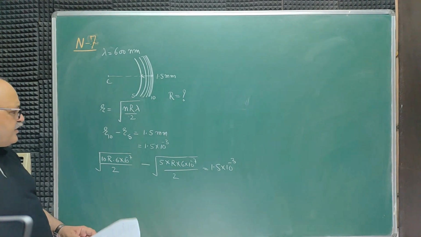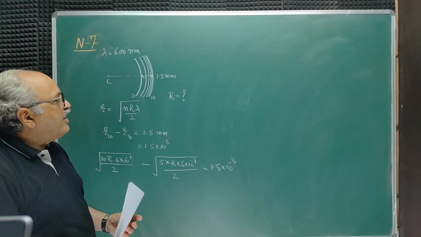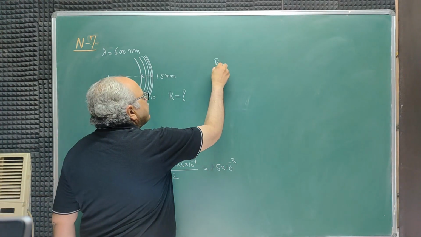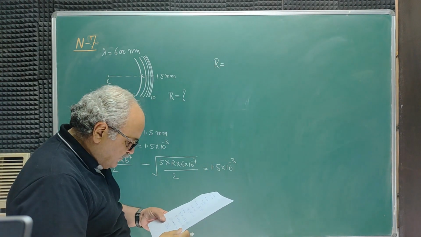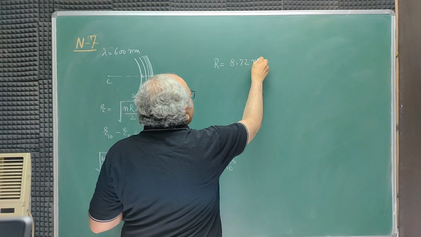Once you write this expression, it becomes simple. Square both sides and get the value of r. The value of r obtained by calculation is 8.72 meter.